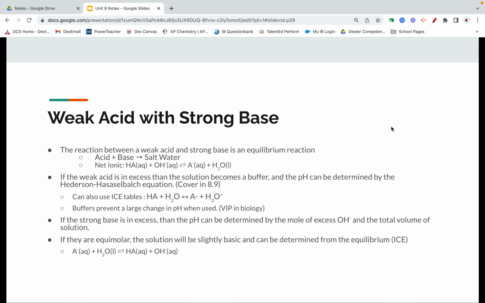The hydroxide ion, obviously the base, fully ionizes. So we are now looking at an equilibrium reaction.